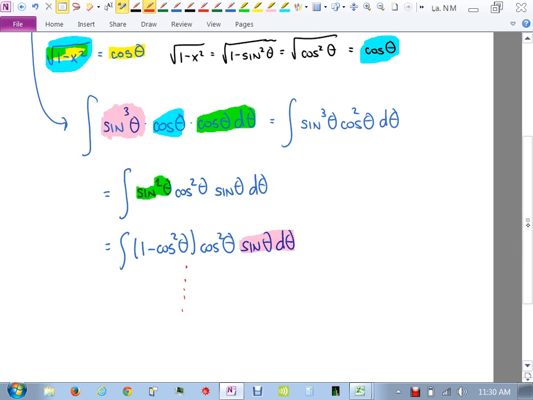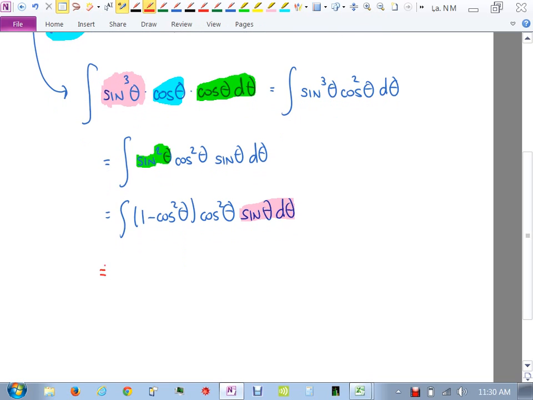Now, you probably want to know what would happen, huh? We have to plug numbers in. Oh man, I may not have a choice. Okay, this is going to turn into, let's see, negative 1/3 cosine cubed theta, and then plus 1/5 cosine to the 5th theta.